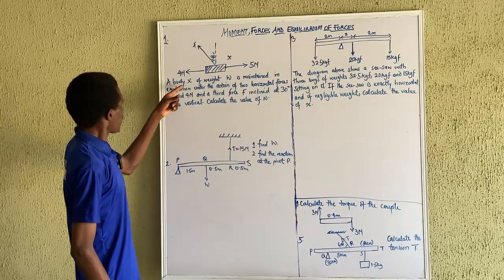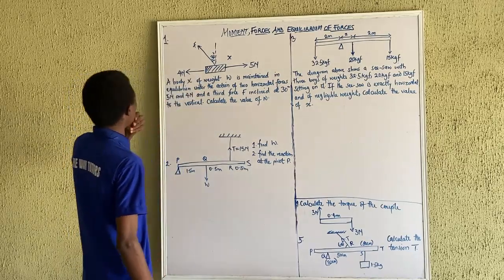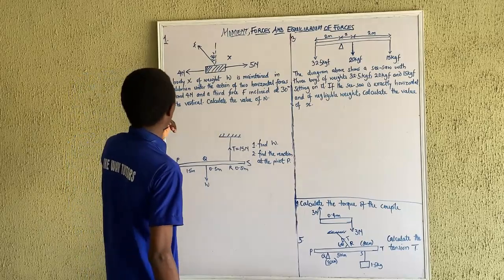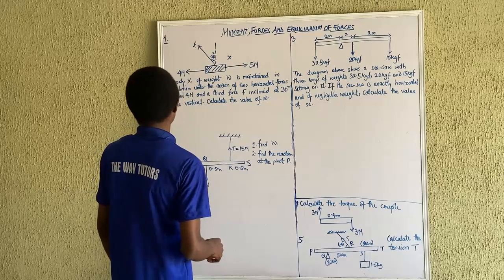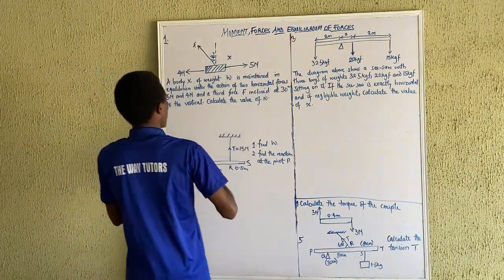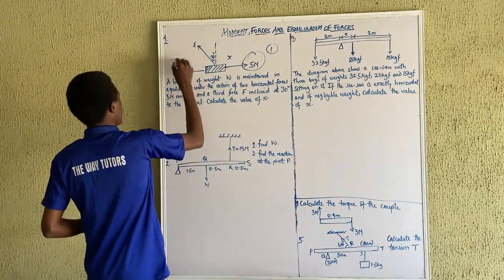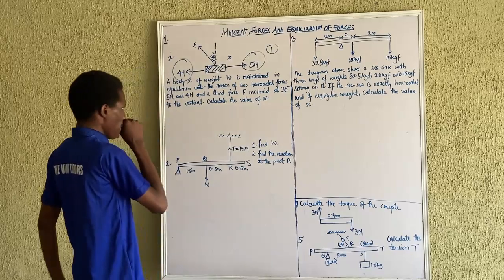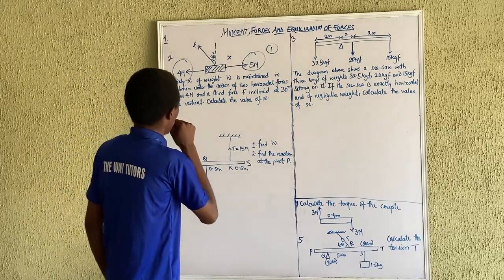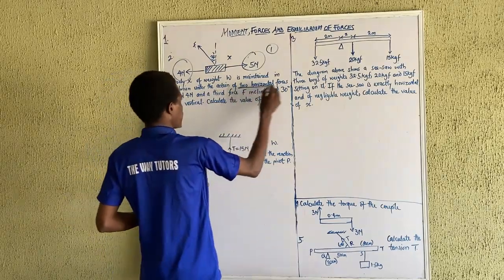Let's go on. A body X, this is the body of weight W, is maintained in equilibrium under the action of two forces: 5, that's force 1, then force 2. And the third force, F. Two horizontal forces.